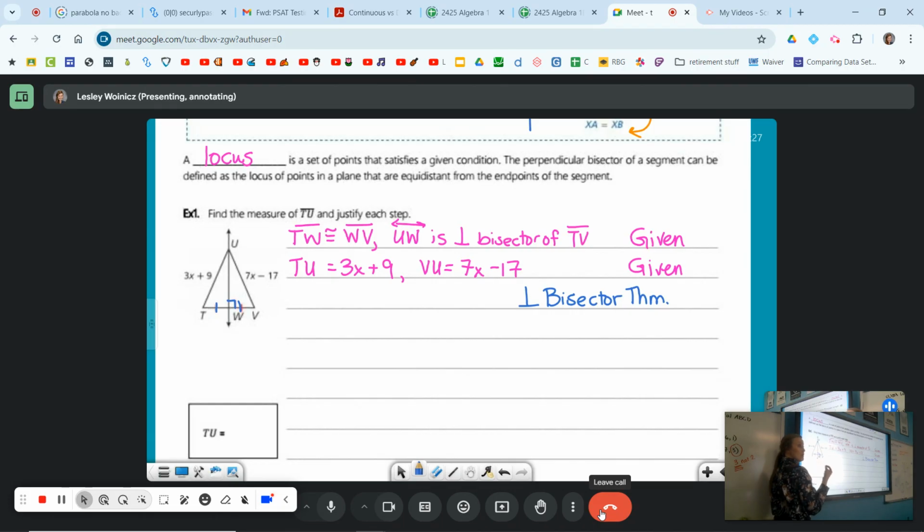Our third statement has to do with a point being equidistant from the endpoints. So I've met two of my conditions, so now I know that the third is true. Does everybody see that? The perpendicular bisector theorem is telling us that TU is going to be congruent to VU. These do have the bars because we're talking about the segments.